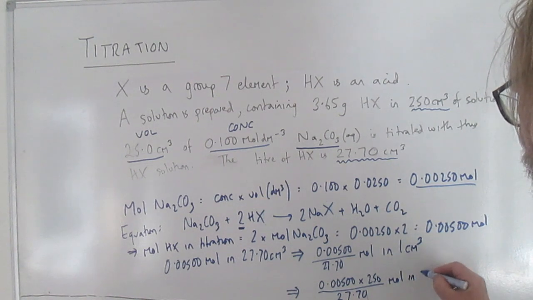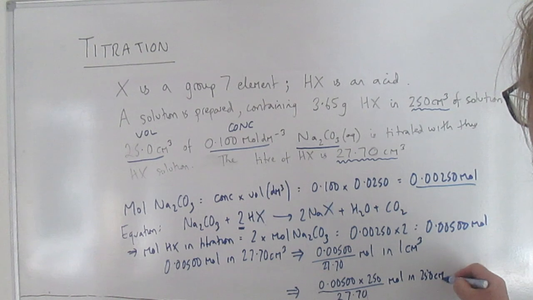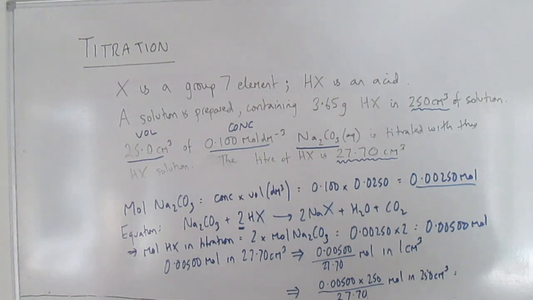Moles in 250 cm cubed. Okay, and that comes to 0.04513 moles. I'm keeping too many significant figures there because that's how you avoid rounding errors along the way.